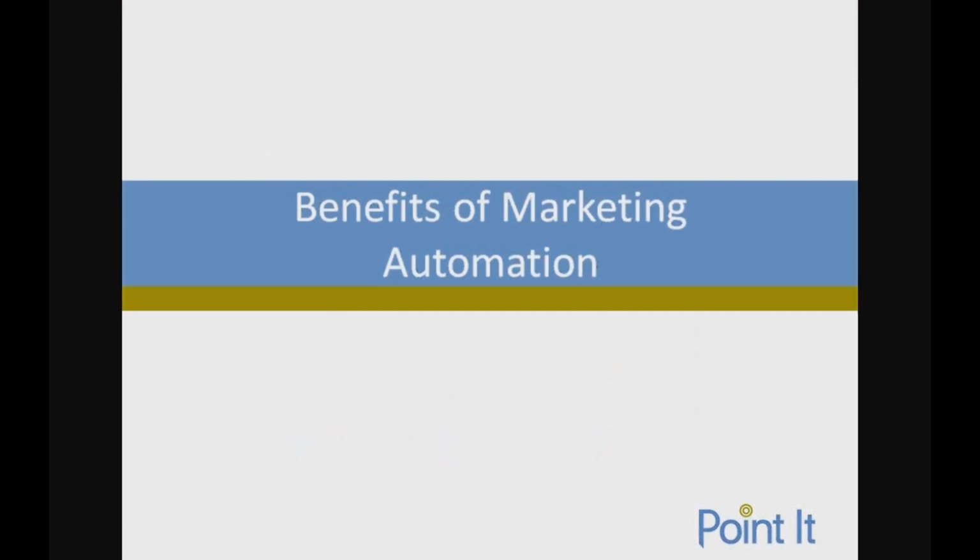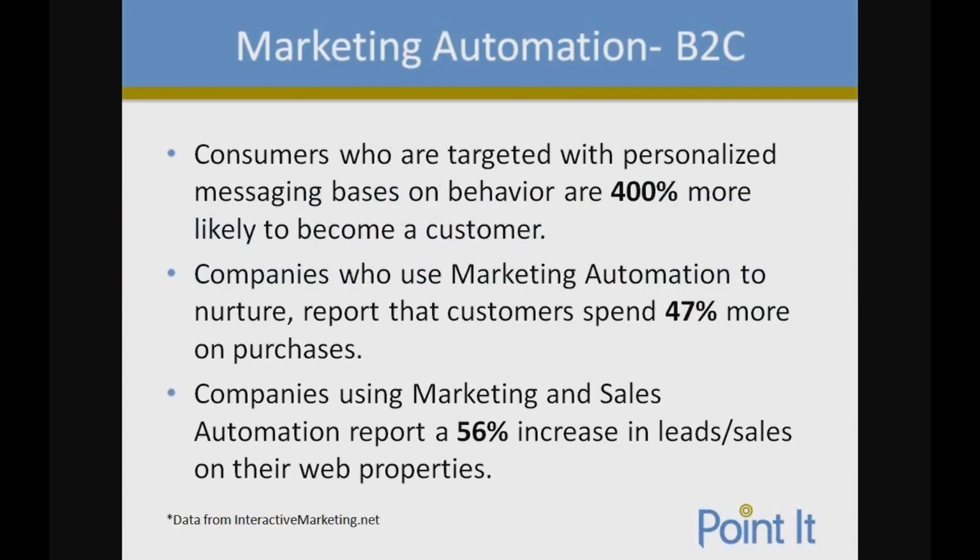And now let's talk about some of the key benefits of marketing automation. This is really where the value comes in. So for a B2C environment, we have some statistics here that we'd like to share. Consumers who are targeted with personalized messaging based on behavior are 400% more likely to become a customer.